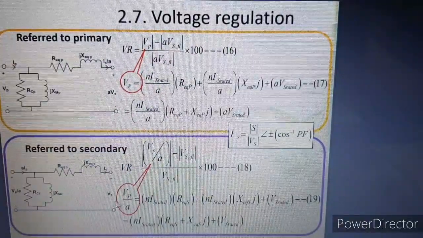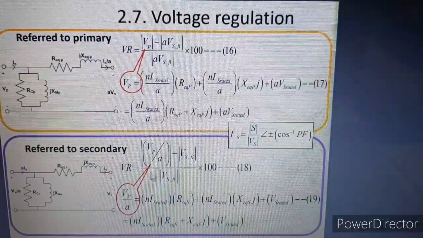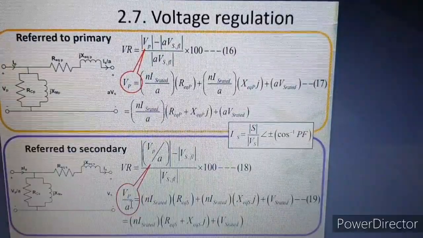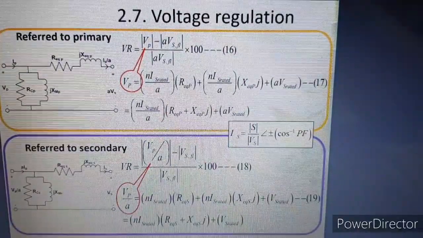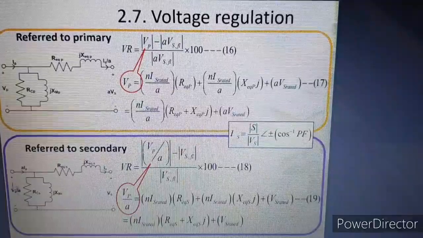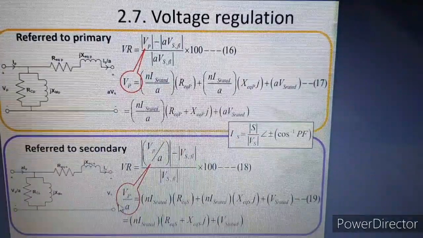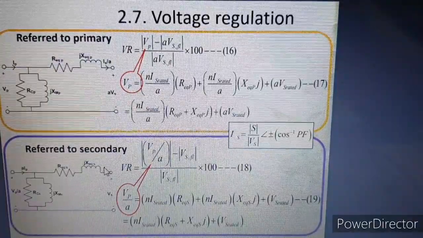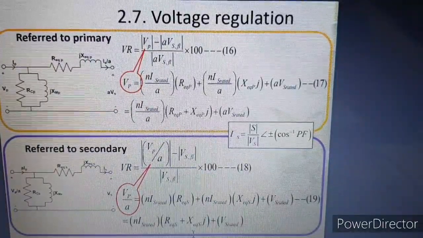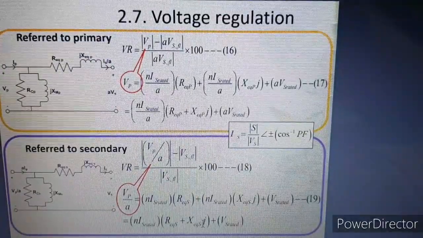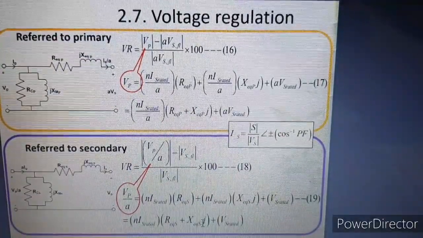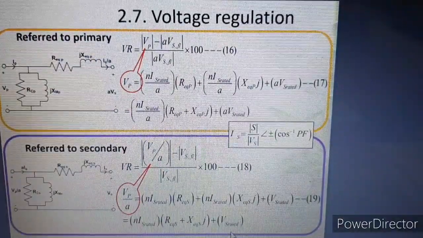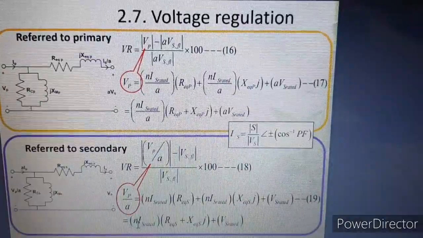Your KVL equation is VP over A. From where do we get this value of VP over A? From KVL also, around this referred to secondary equation, that is IS times R equivalent S plus jX equivalent S, plus VS. So IS rated and VS rated, and again we have N in front of your IS.